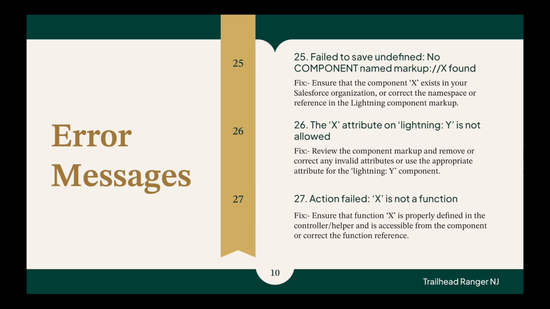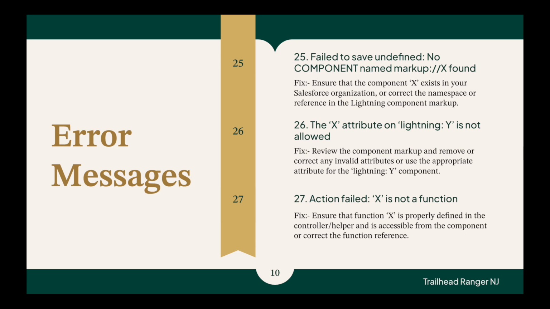Then the next error message could be "the X attribute on lightning Y is not allowed." Lightning Y is nothing but one of the markups in the Aura component being referenced, and X is the attribute we are trying to use in the lightning Y markup. So we need to check the component markup, and remove or correct any invalid attributes, and use the appropriate attribute for the lightning Y component.